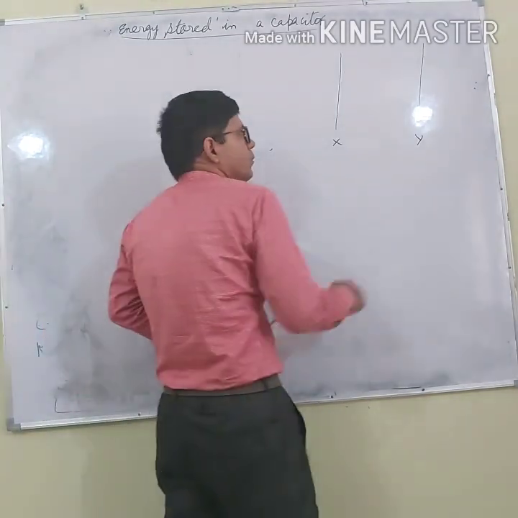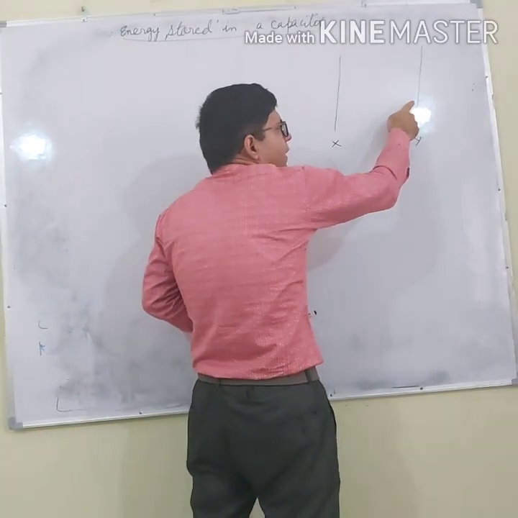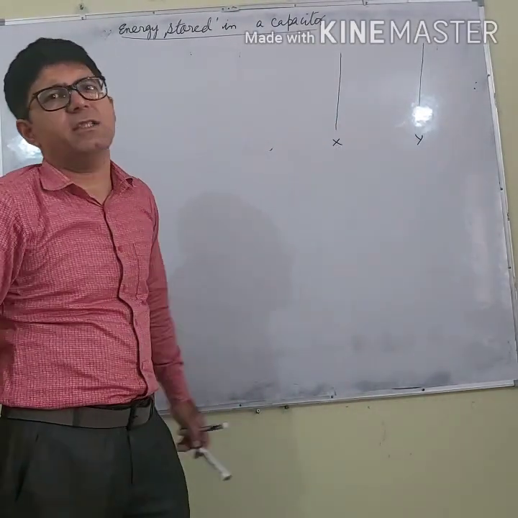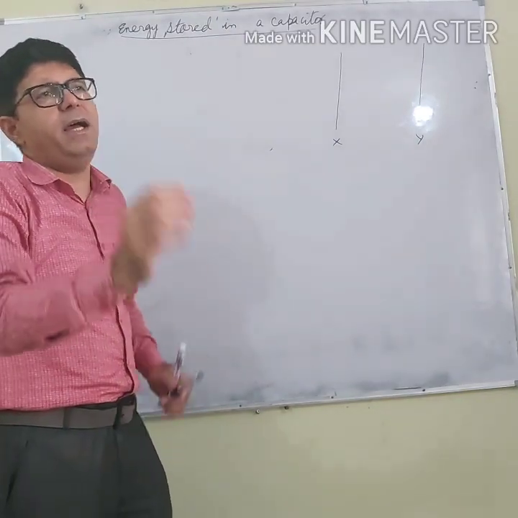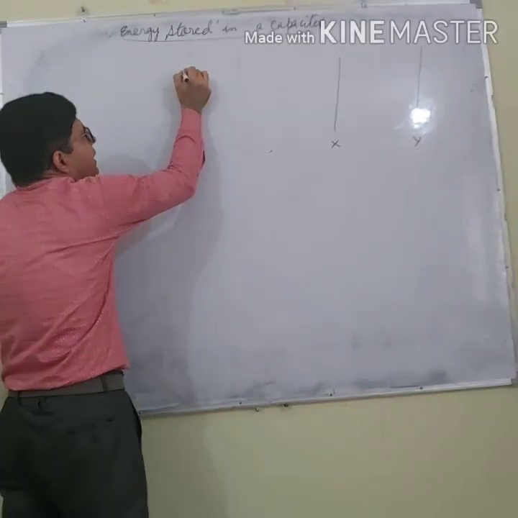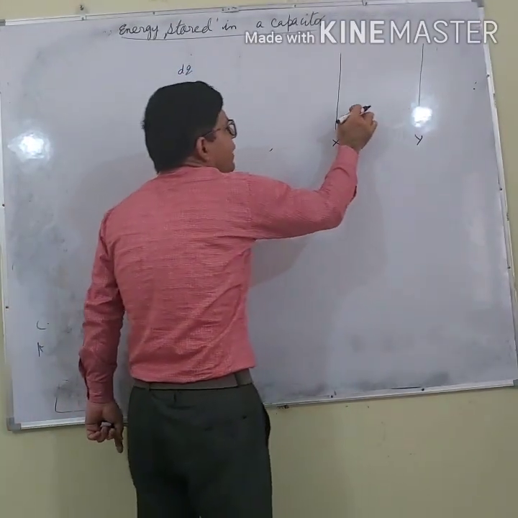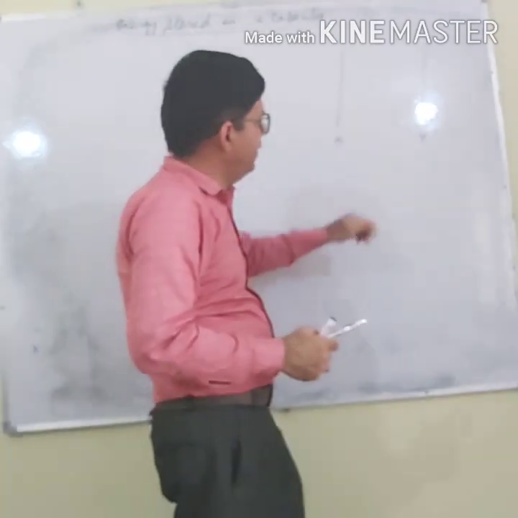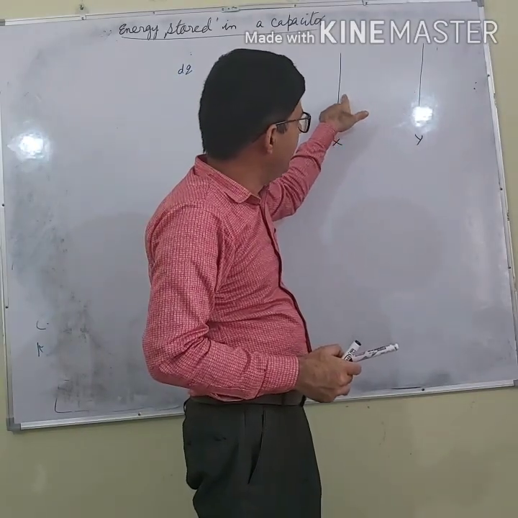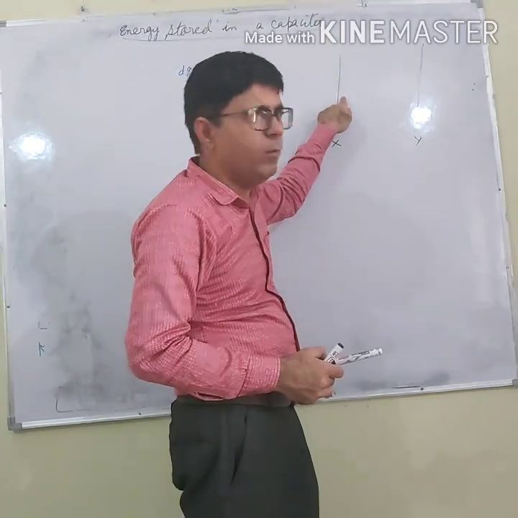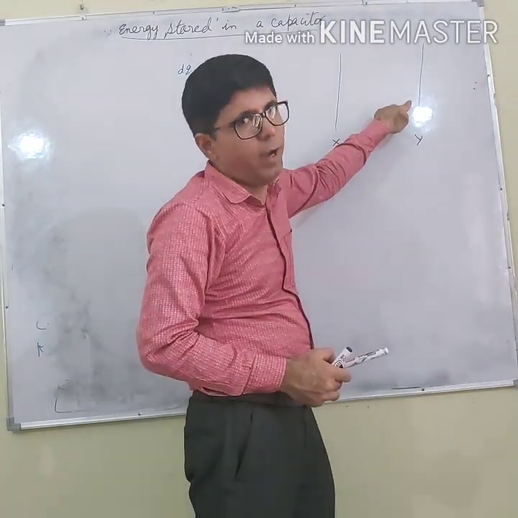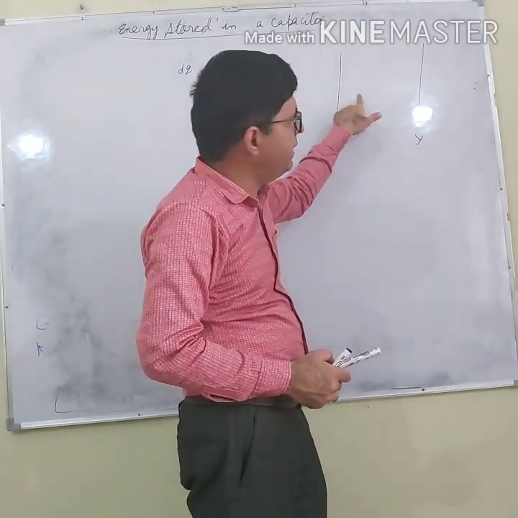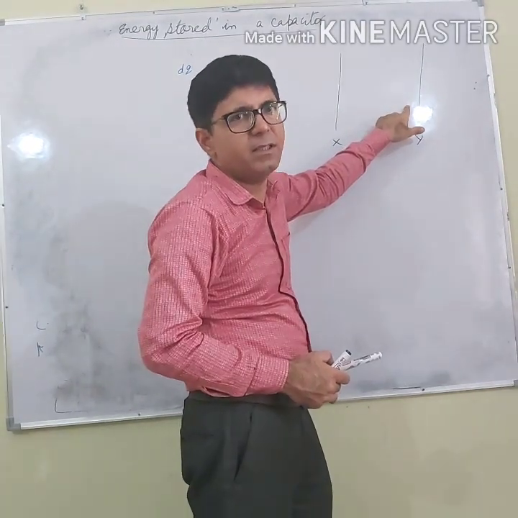What we do, from the plate Y we take positive charge and we give this positive charge to X. Let us say we have taken a small positive charge dq and we have given it to X. What will happen? In other words, some electrons from X are removed and they are given to Y. What will happen? X will become positively charged and Y will become negatively charged.